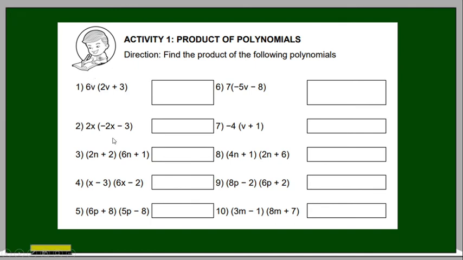Same true in number 2, number 6, number 7. And then the remaining numbers are product of binomial. Binomial multiplied by binomial. Okay, so you go over our previous slides to answer activity number 1.